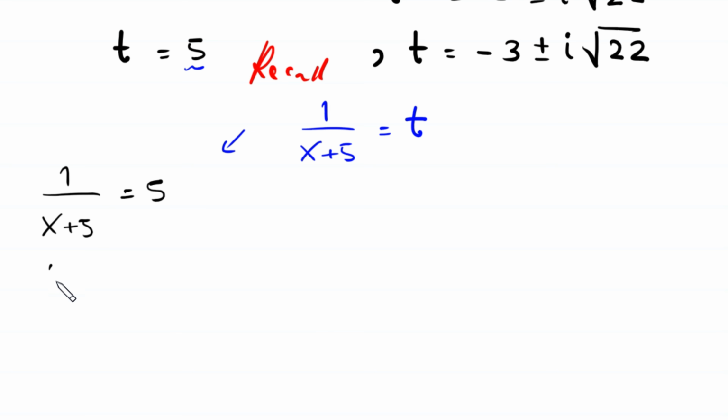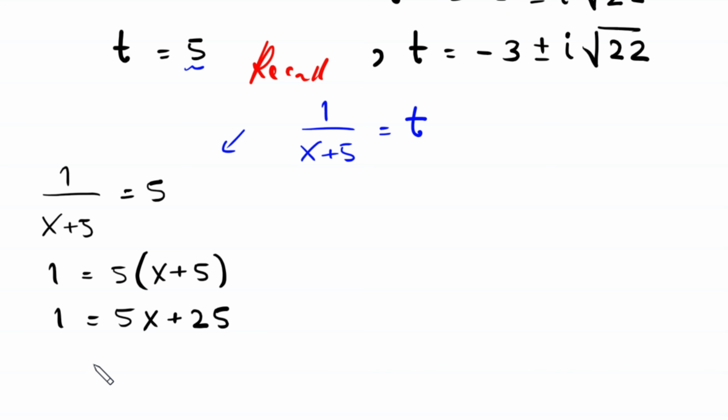This implies that 1 = 5 times (x + 5), which becomes 1 = 5x + 25, and this implies that 5x = −24, and this implies that x = −24 divided by 5.